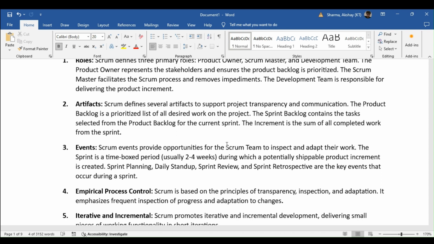Sprint planning, daily stand-up, sprint review, and sprint retrospective are the key events that occur during the sprint. We can also call them ceremonies in Scrum. These are some events that occur in Scrum.